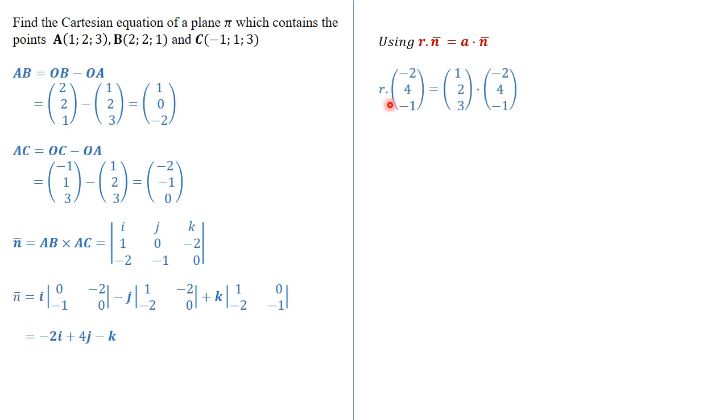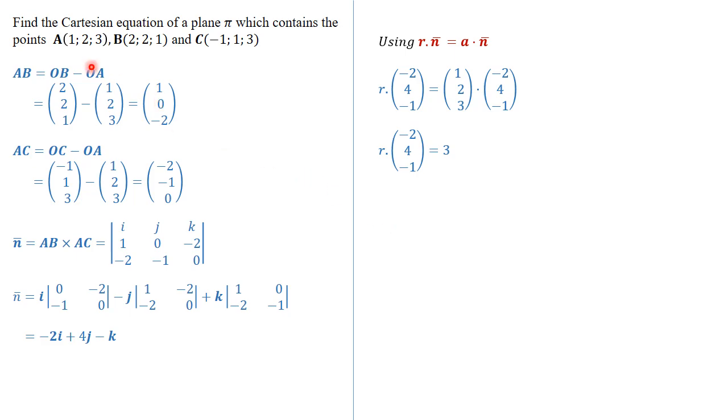So r dot the normal vector minus 2, 4, minus 1 is equal to a fixed point dot the normal vector. You can take 1, 2, 3, or 2, 2, 1, or minus 1, 1, 3. In this case, we use A as our fixed point. Then we do the dot product on the right-hand side, so r dot minus 2, 4, minus 1 equals 3. That's the equation of the plane.